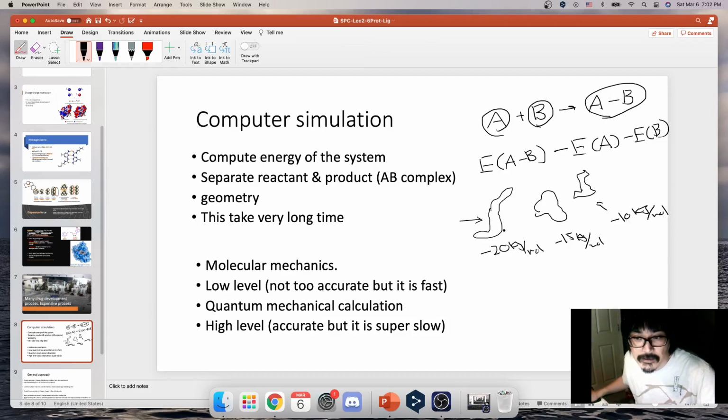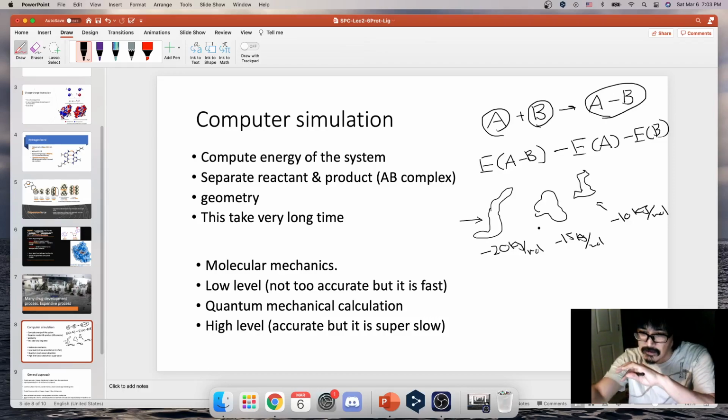And finding these geometries is very time consuming. For example, if you have 20 non-hydrogen atoms, then you probably find hundreds of equivalent structures by rotating one of the CC bonds, right?